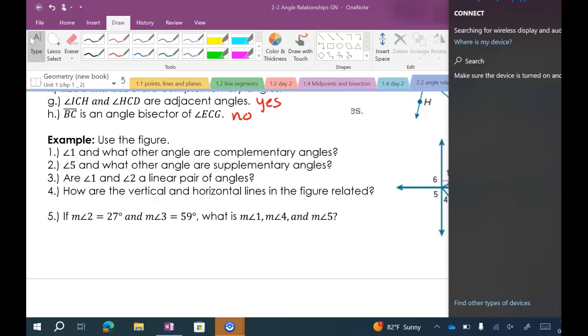All right, so number 5, what are we given? The measure of angle 2 is 27 degrees, and we are given that angle 3 is 59 degrees. And we're supposed to find the measure of each one of the other angles.